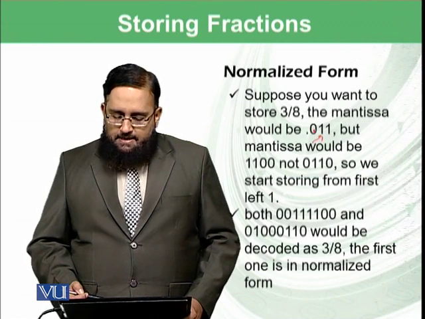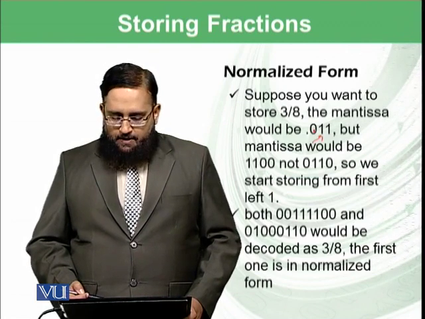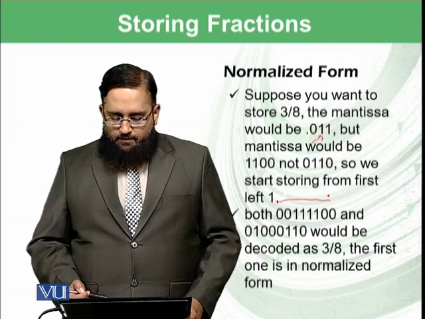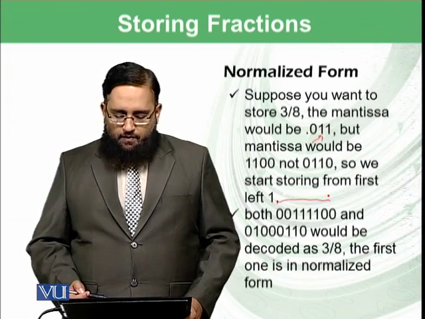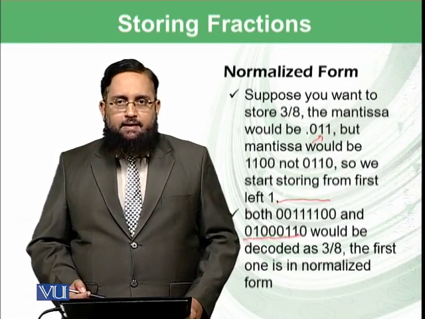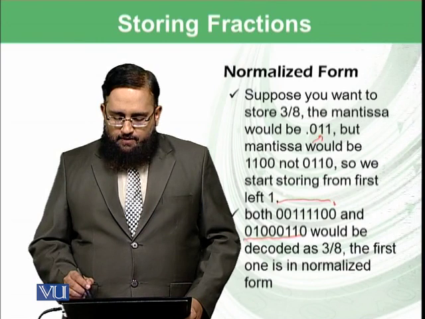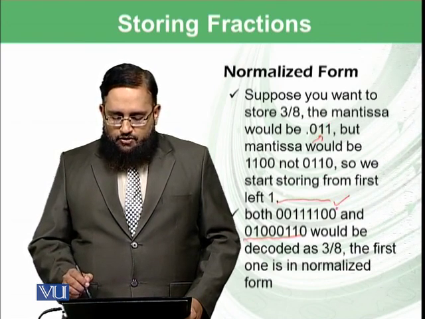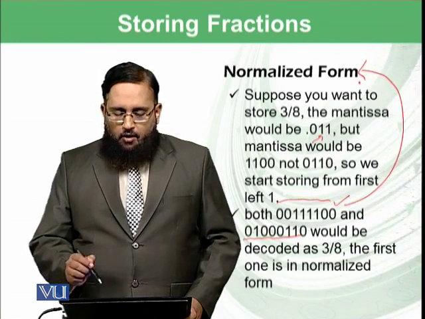It would not be 0110. Both of these numbers, 00111100 and 01000110, would represent 3 by 8. However, the first one is normalized in this way. Such a thing is called normalized form.